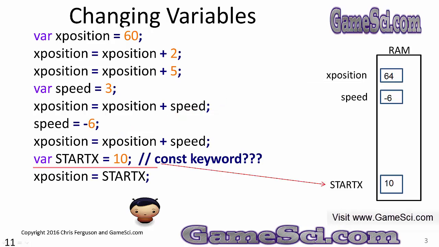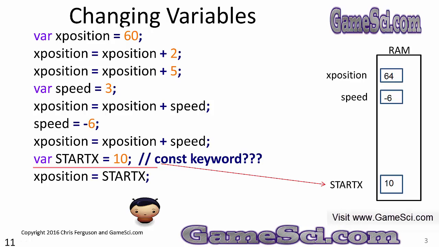One thing JavaScript is missing is the ability to create what we call a constant or a final variable. Most other programming languages have a very straightforward way of saying, I want this variable value to be frozen, to never change. JavaScript is talking about adding a const keyword so we can do this.